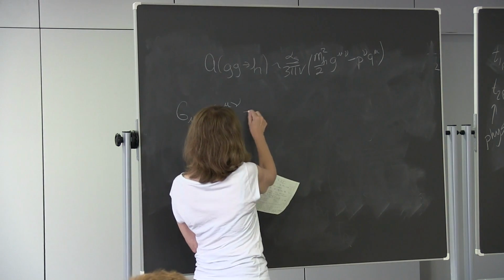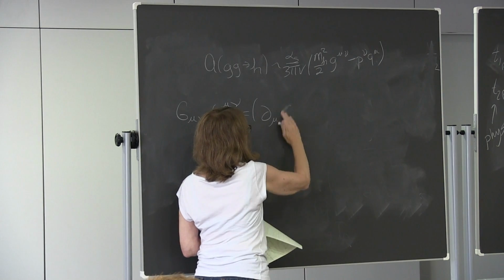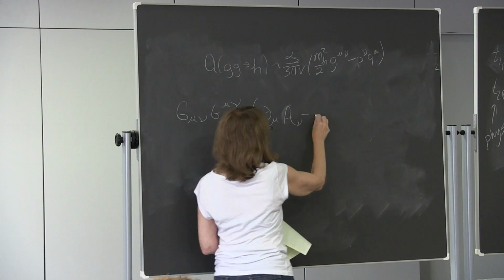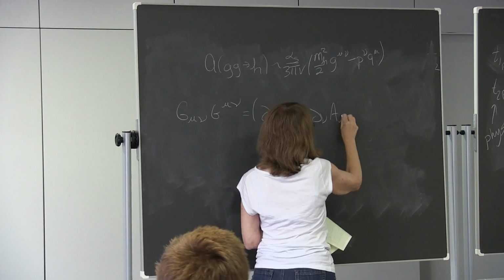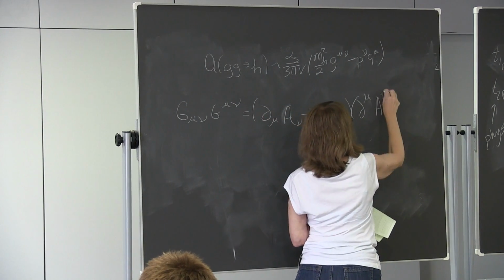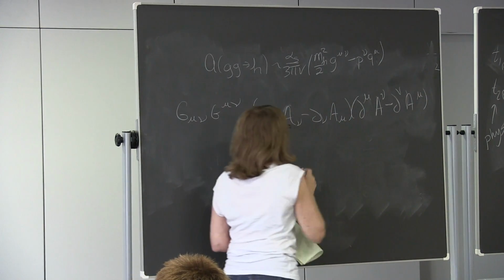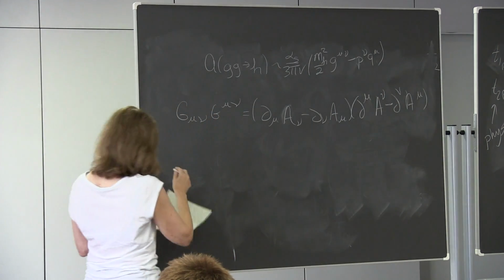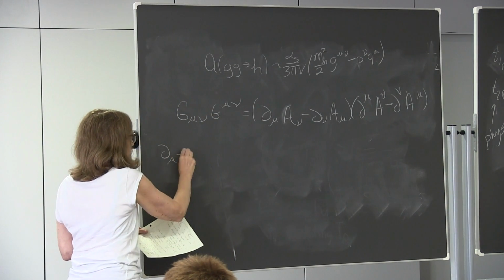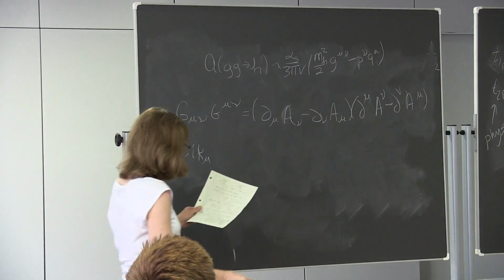Okay, so this is d mu, well, let me call it A so we don't get confused: d mu A nu minus d nu A mu. So I can take the derivatives. d mu goes to i k mu when I'm finding my Feynman rules from here.